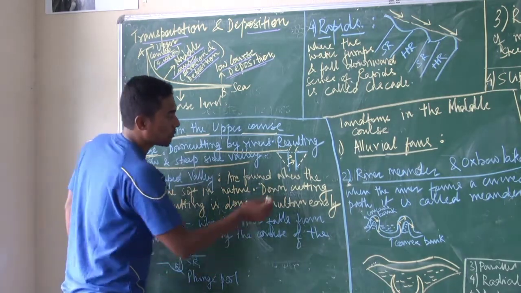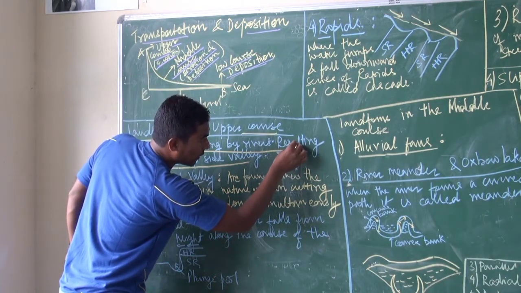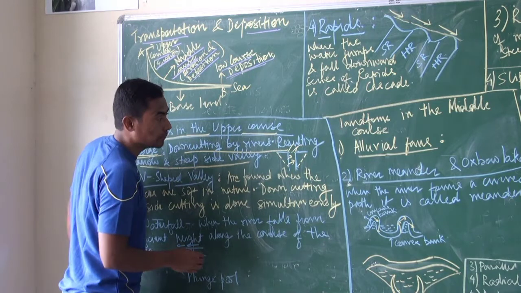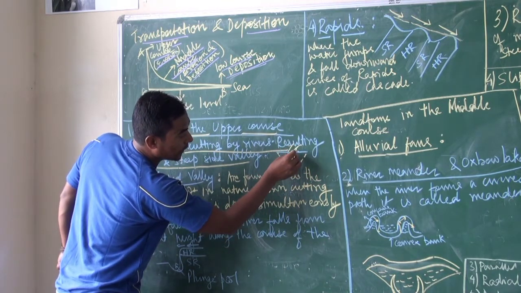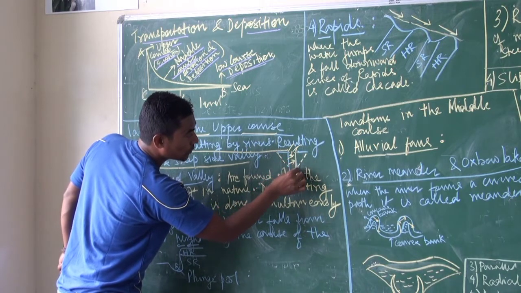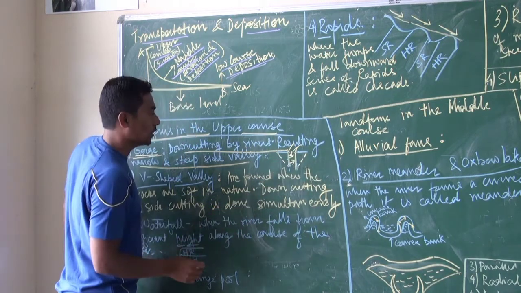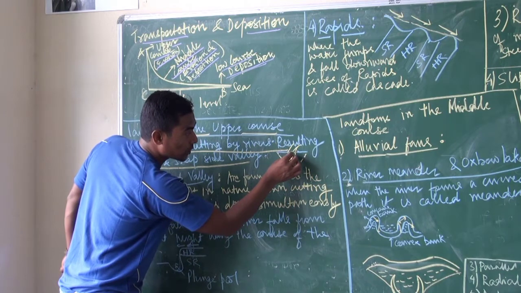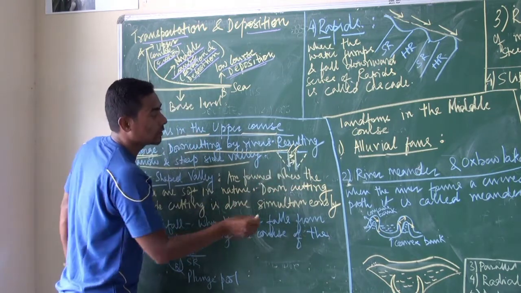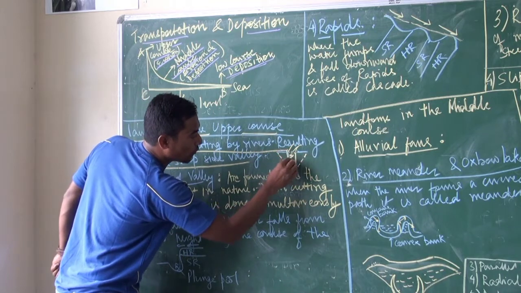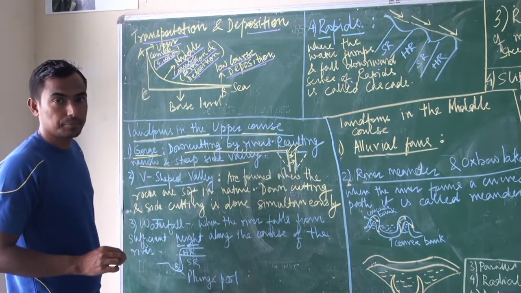Now look here, boys. If you take this as the path of the river, as it keeps flowing, it erodes. It starts down cutting rather than side cutting, resulting in the formation of steep valleys.